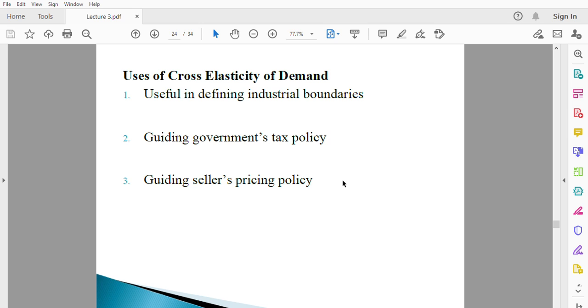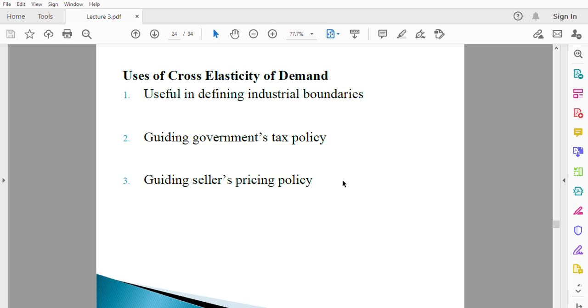If the cross elasticity of demand of two commodities is elastic, that means if the price of one commodity changes, the quantity demanded of the other commodity will change very significantly. So it helps you to know which commodities to produce and how to price them.